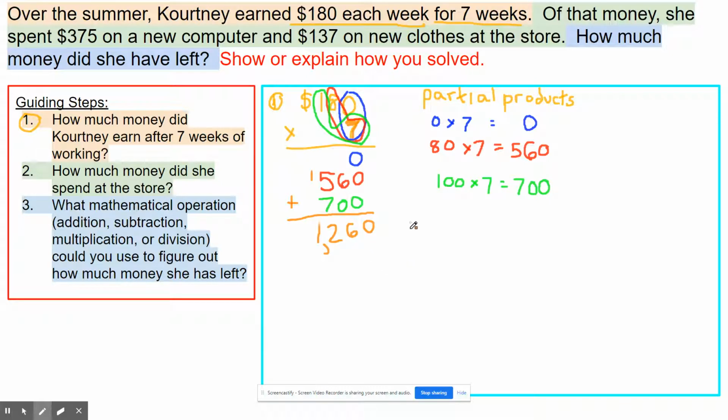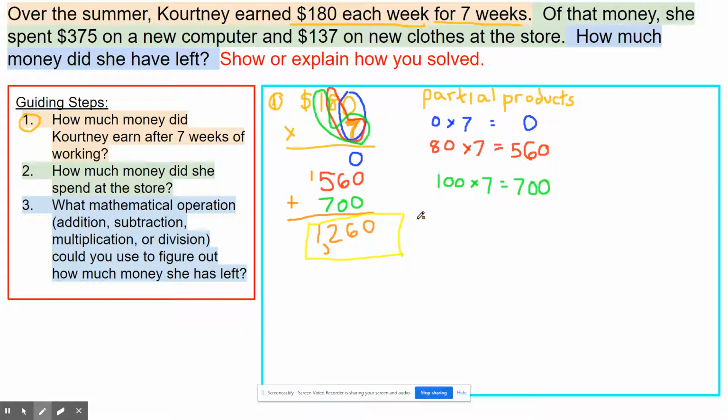Now, the next thing I need to remember or make this connection with is the fact that this number here, this 1,260, is in relationship to this problem. The question here is how much money Courtney earned after 7 weeks.